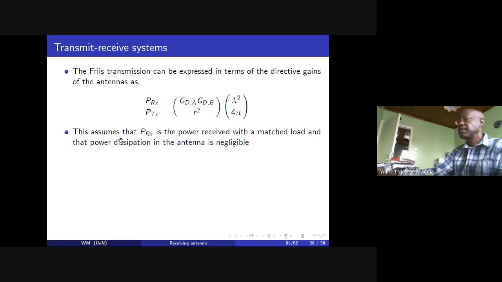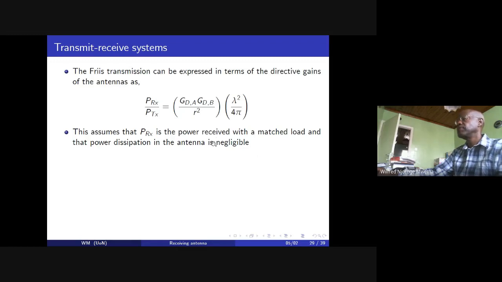So this has assumed that the received power has been received by a matched load, and the power dissipation in the antenna has also been assumed to be negligible. Remember, an antenna, even the base stations, you have seen they are usually mounted on pylons, which are usually made of conductive material for the strength because of the wind loads that we would have on the antenna.